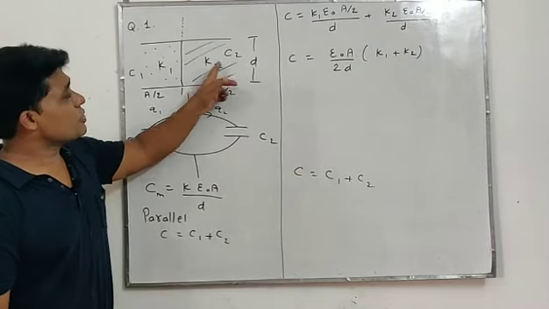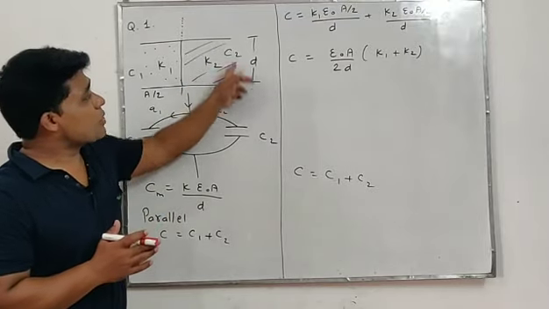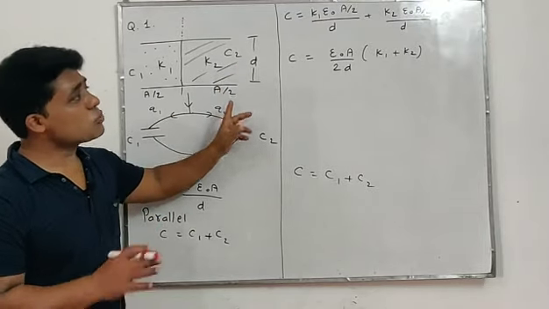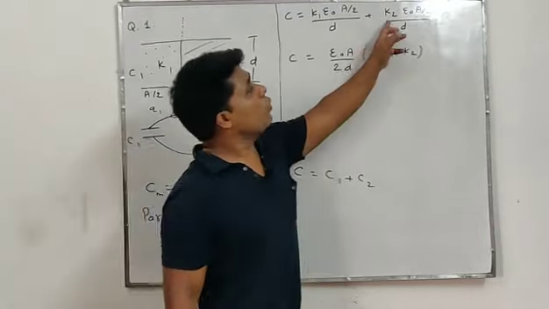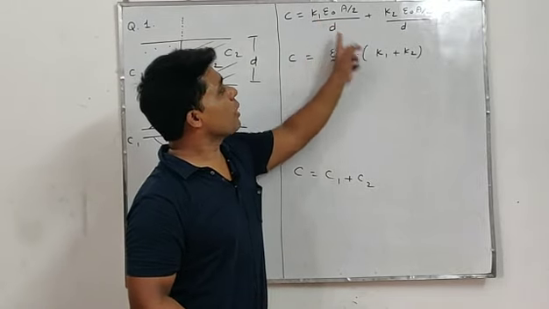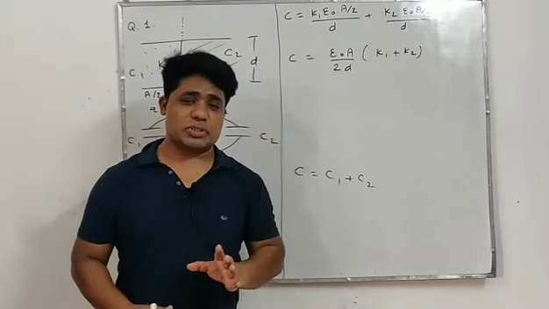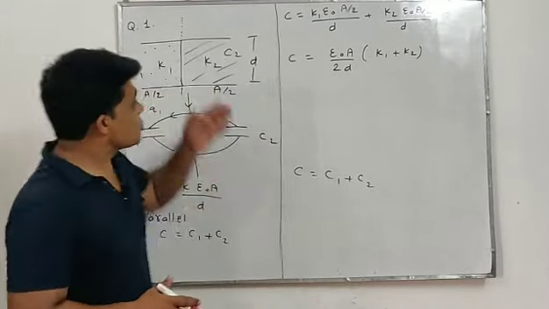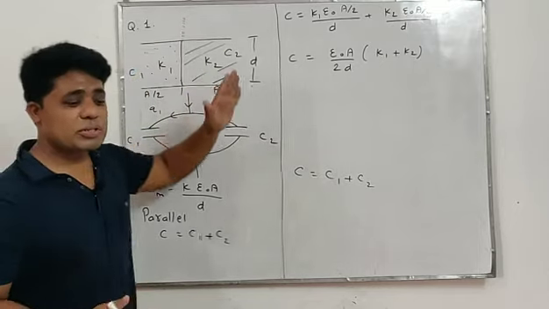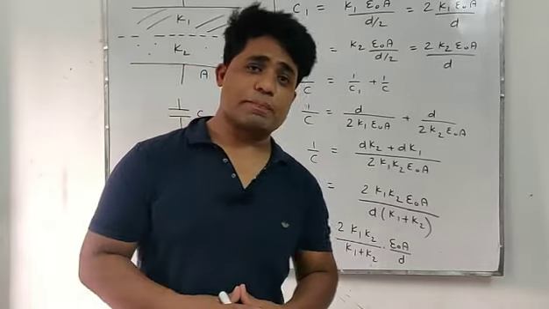Similarly, for C2 the dielectric constant is K2, separation remains the same D, and area is half, so it becomes K2 epsilon naught A by 2D. Now, what is common? Epsilon naught A by 2D is common, and the remaining term is K1 plus K2. So this is the total capacitance when a parallel plate capacitor is vertically divided in two parts. Vertical means parallel combination.